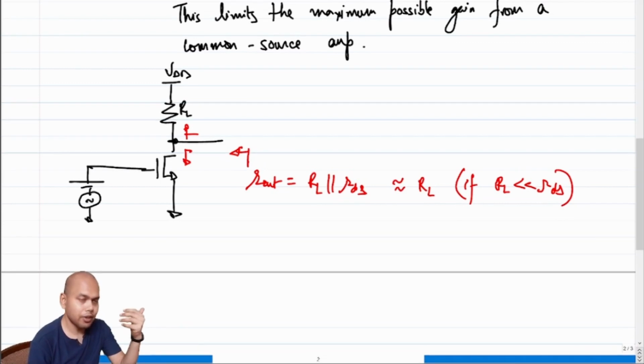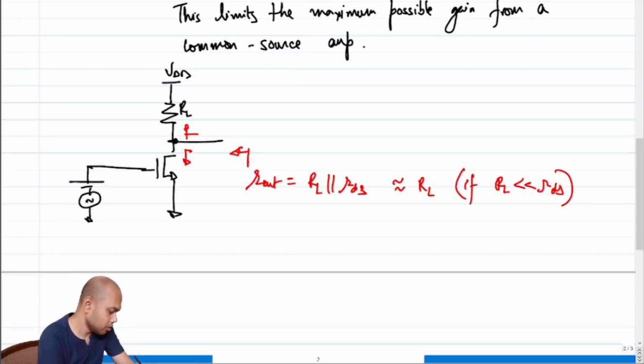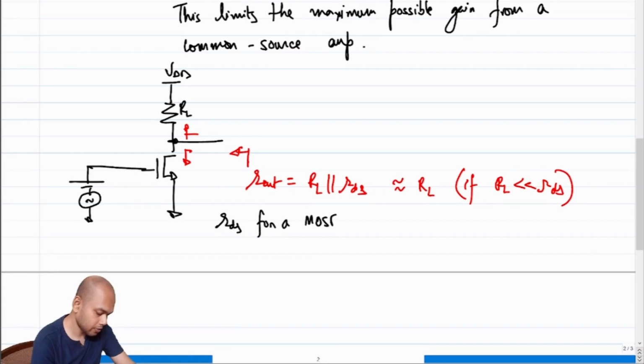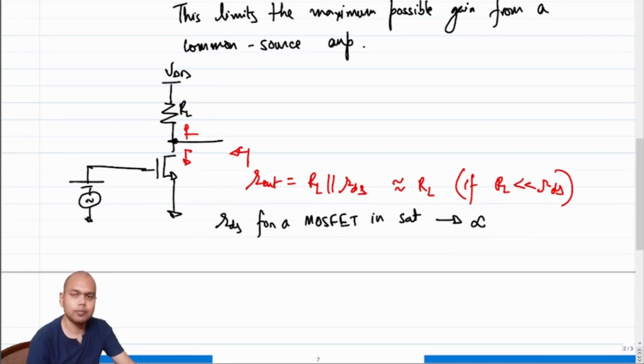Because the impedance looking into the drain of a transistor is ideally infinite. So RDS for a MOSFET in saturation tends to infinity, ideally.